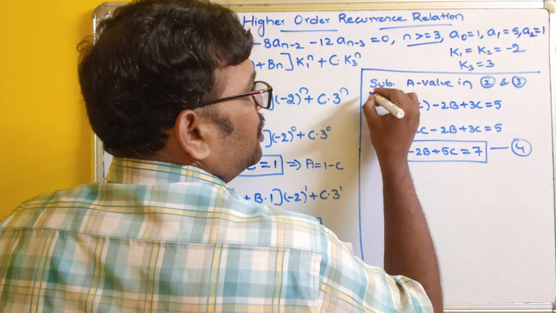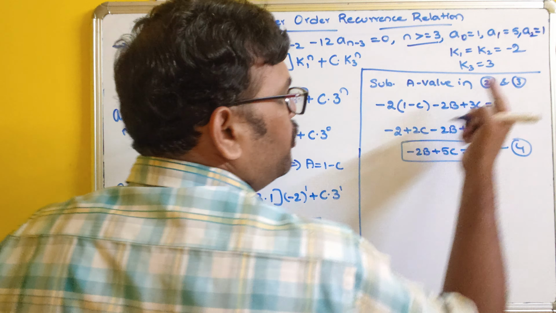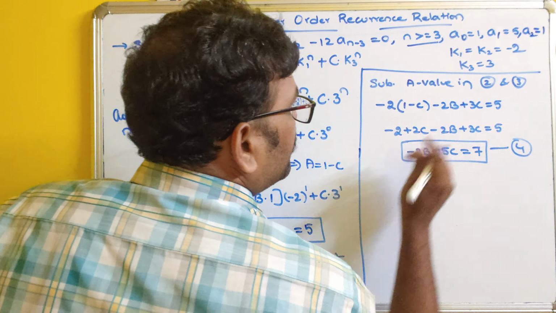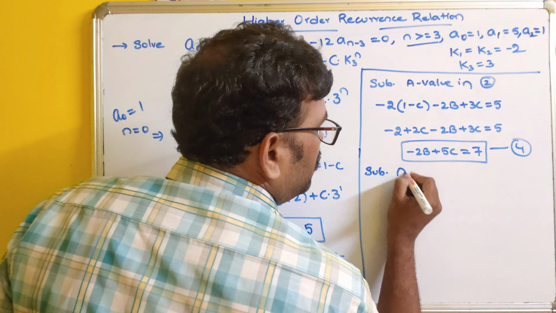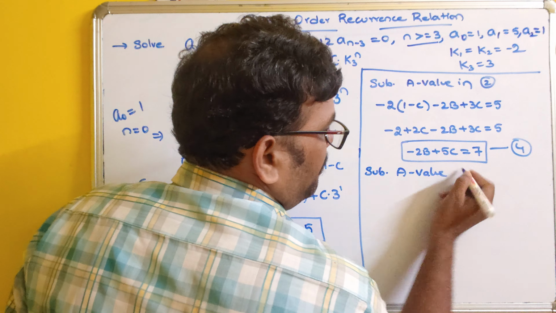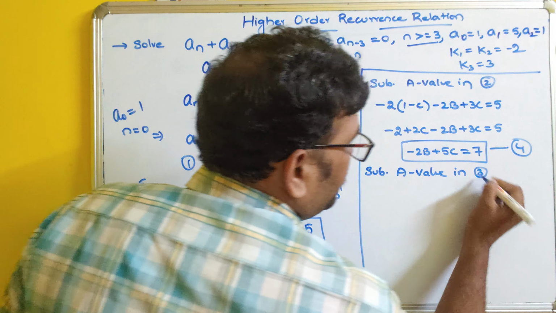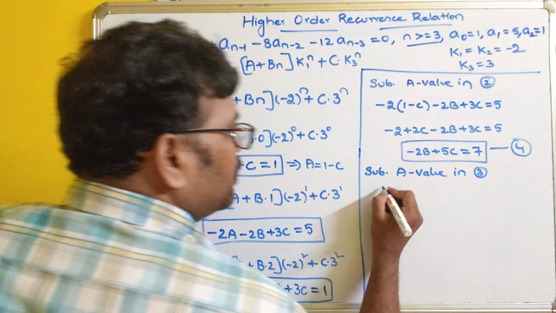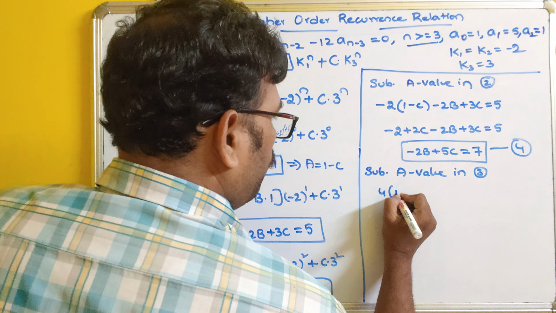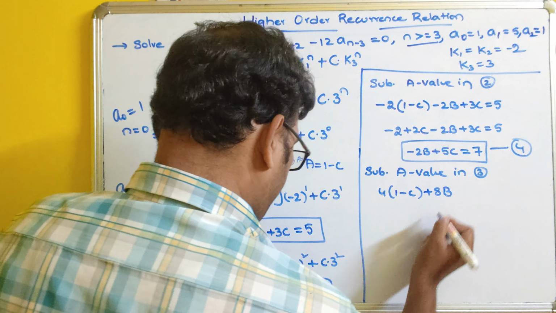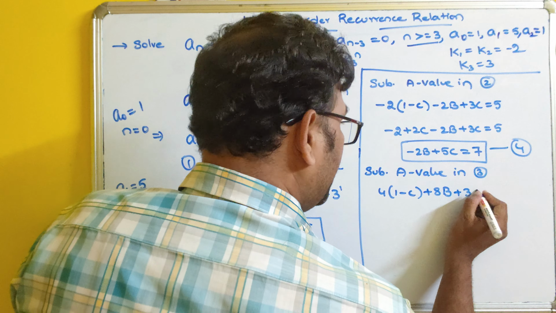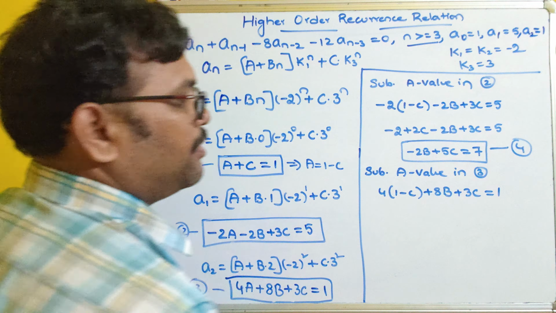Similarly, substitute the a value in equation 3. I'll write it so there will be no confusion. So what's equation 3? This one. So 1 minus c plus 8b plus 9c equal to 1.